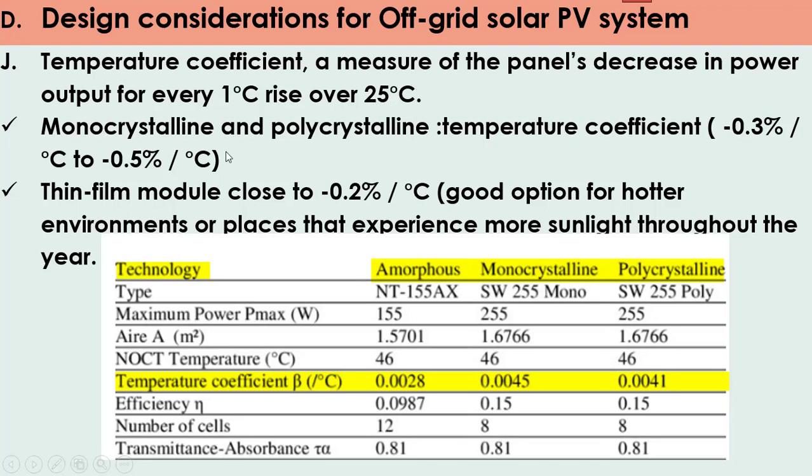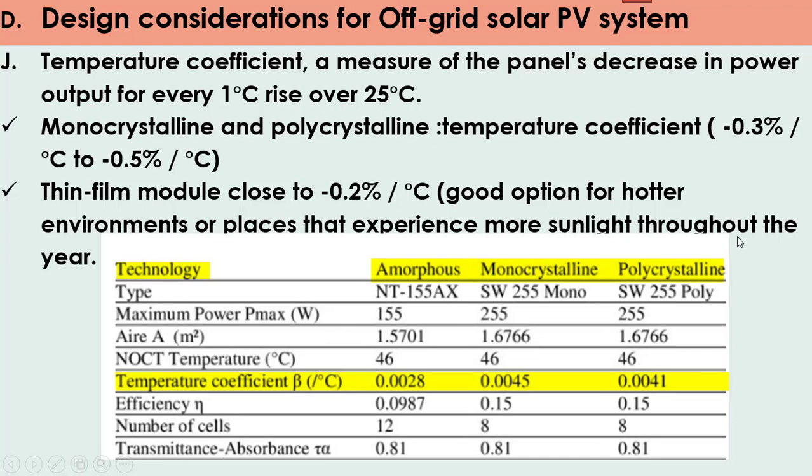Monocrystalline silicon and polycrystalline silicon temperature coefficients range from minus 0.3 to minus 0.5% per degree. For thin film modules, it is close to minus 0.2% per degree, and thin film represents a good option for hotter environments or places that experience more sunlight through the year.